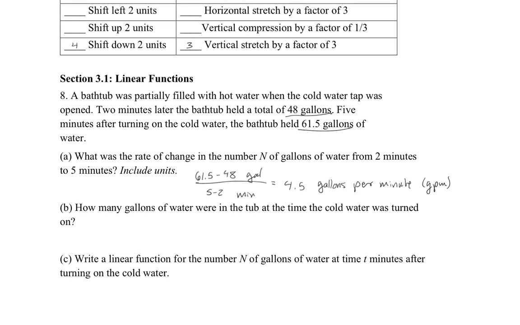And then on part B, we're asked how many gallons of water were in the tub at the time the cold water was turned on. So what I'm going to do is take that we were at 2 minutes. We had 48 gallons. And we know that the rate or the slope is going to be 4.5 gallons per minute.